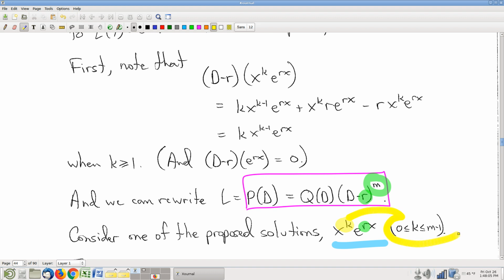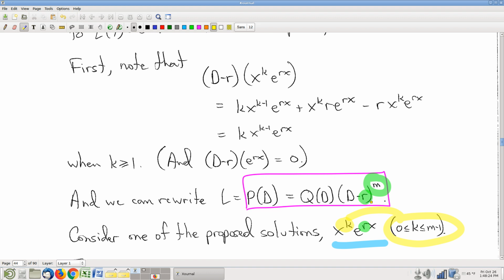Well, all the powers of x less than m. Right, so this k here can be anything up through and including m minus 1. So this is just a rewrite of the chapter 4 assertion that we made. Again, this is what we're trying to prove.